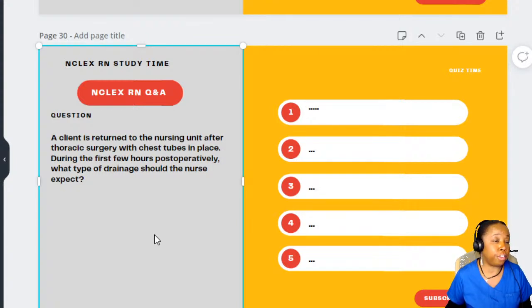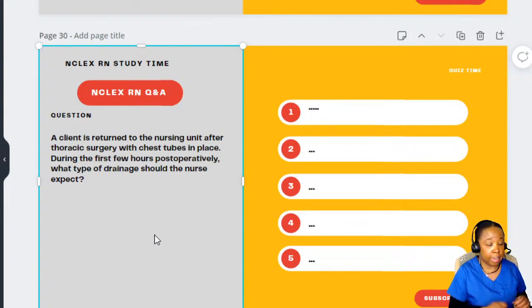After that kind of surgery, which can be done if the patient has, let's say, a pneumothorax, hemothorax, or tension pneumothorax, something going on in the lung. So now after the surgery, the patient is going back to recovery, for example, and you are the nurse receiving that patient. The patient has a chest tube in place.